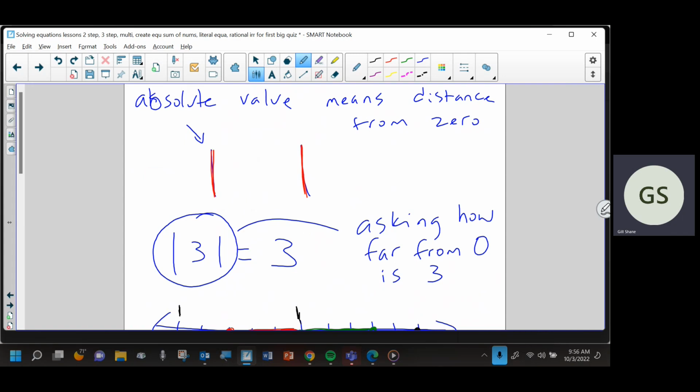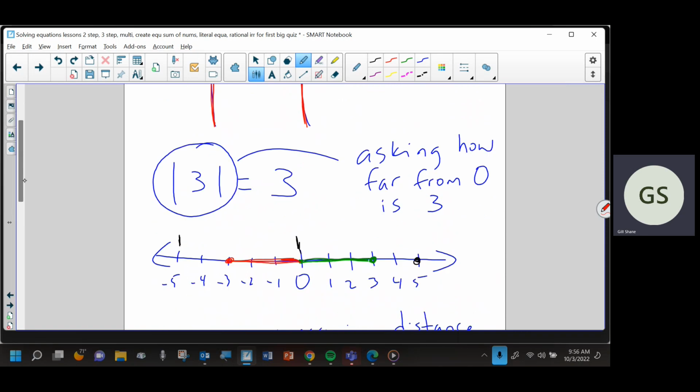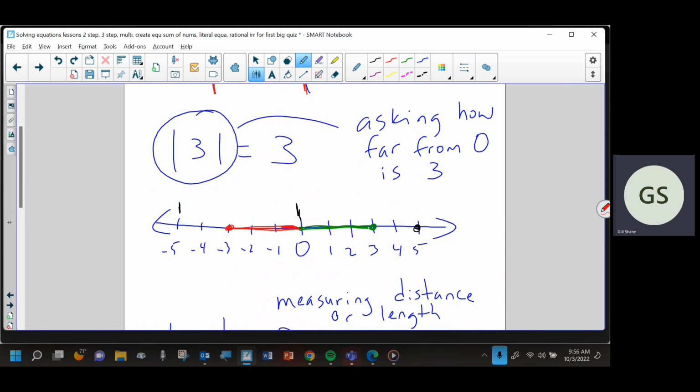What absolute value means is the distance from 0. So these brackets mean absolute value. If I have a 3 in those brackets, that means how far is the number 3 from 0? So I'll put a point on it right here. If you measure the length of that line segment, it's 1, 2, 3 units away.